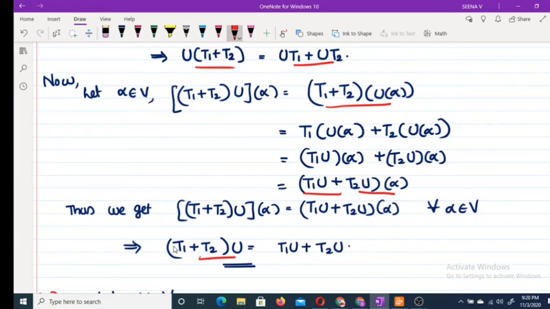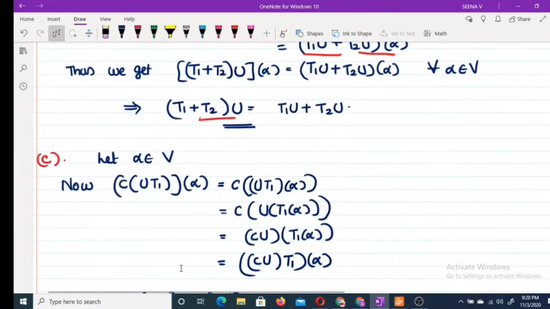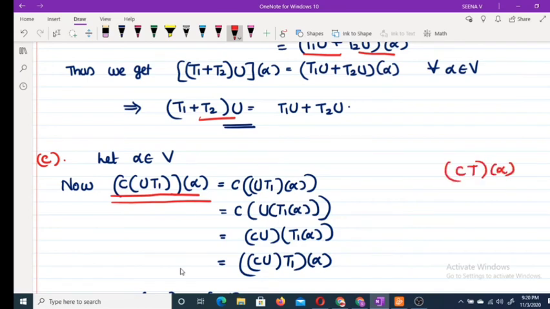Now, moving to the next, for alpha belongs to V, we have to prove c(ut1) equal to (cu)t1. (c ut1) of alpha is equal to, by definition, c times (ut1 of alpha). Scalar multiplication is defined as c of T alpha. Therefore, this you can write as c of u of t1 of alpha.